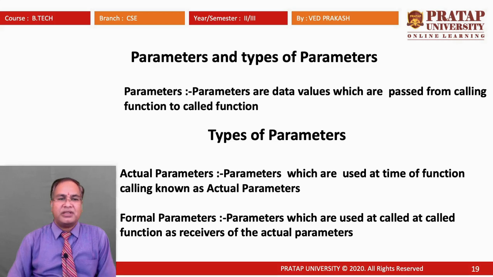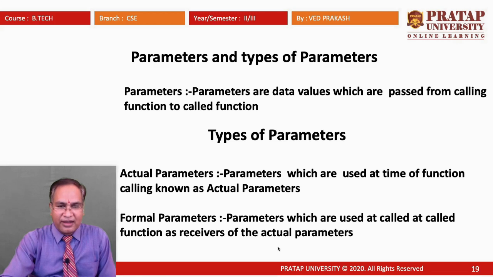The actual parameter sends its copy to the formal parameter, and the formal parameter receives these copies and performs the corresponding action in the body of the function, and after performing the action, the called function returns the control to the calling function.